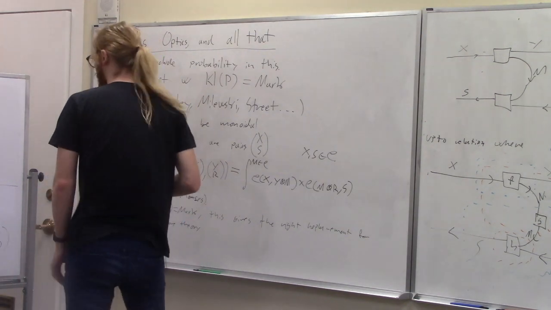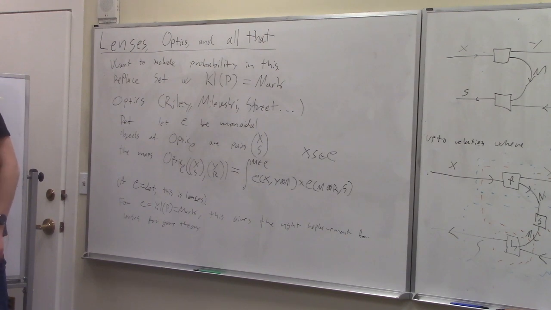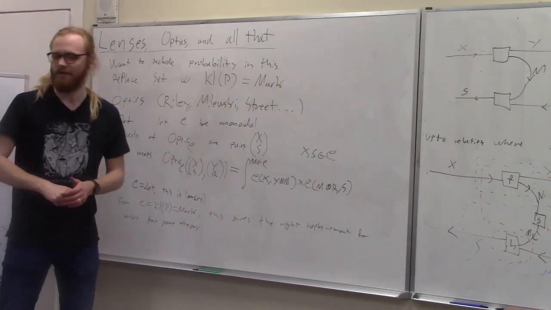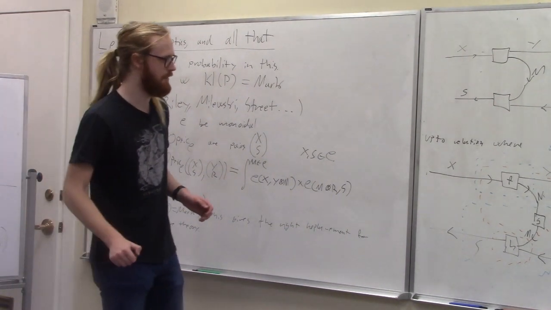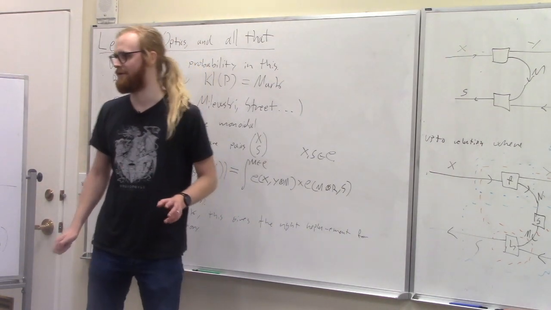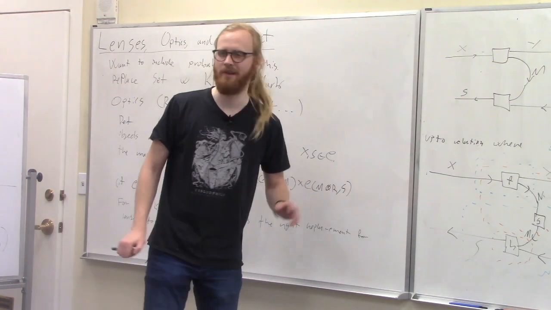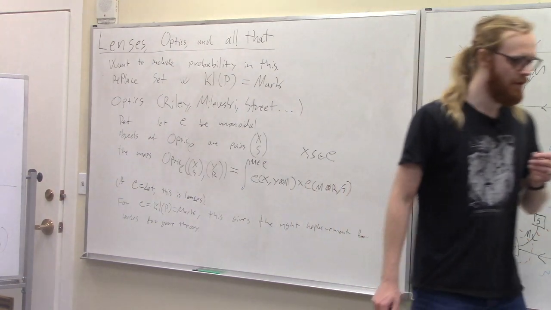I should say that you can't quite just write optics here. You have to do something a little bit more sophisticated with the equilibrium relation, but I'm not going to get into that. It's a little bit complicated, though not super complicated, and it doesn't matter that much.